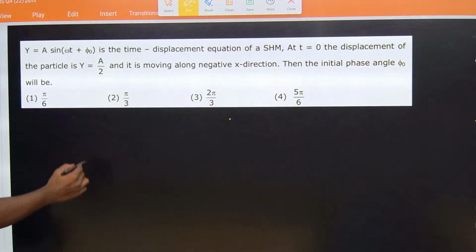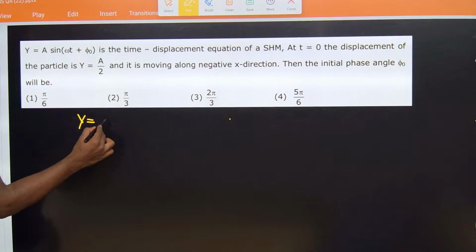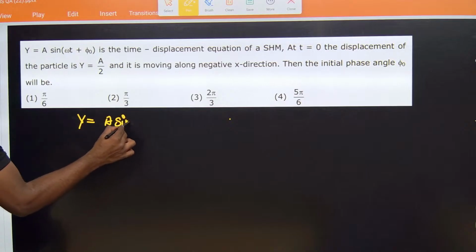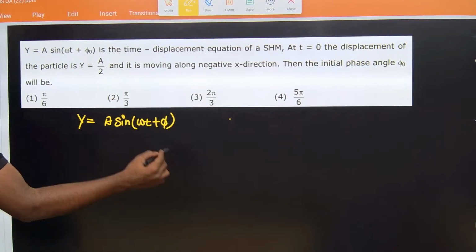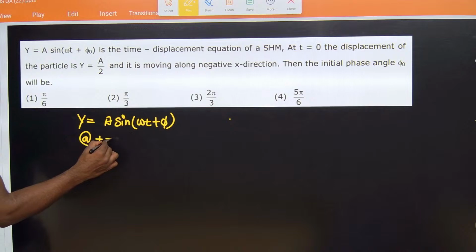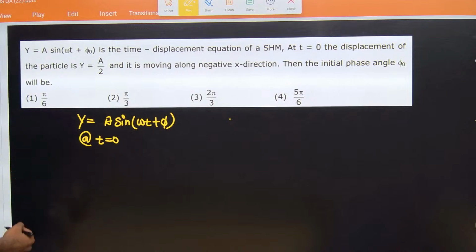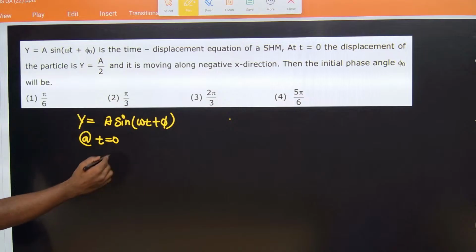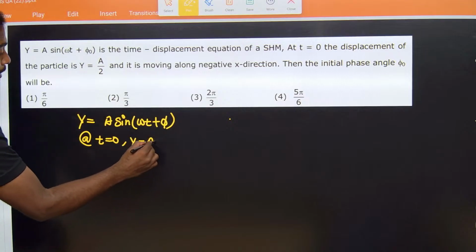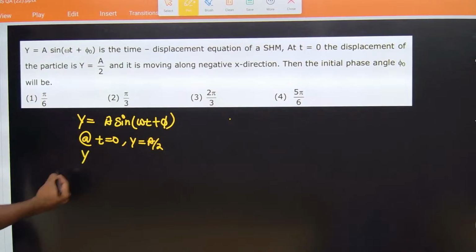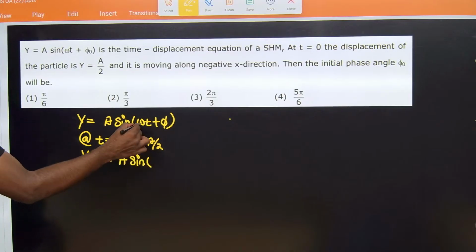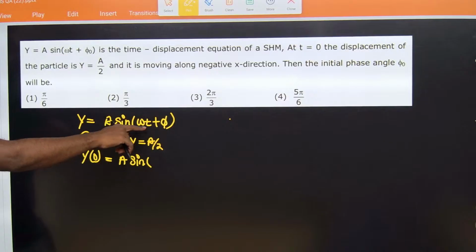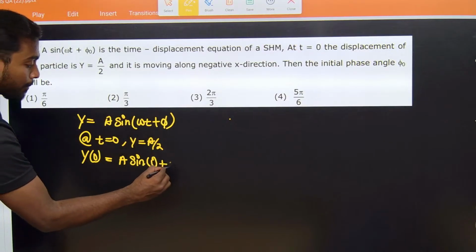The given equation is y equals a sine of omega t plus phi. At t equals 0, what will happen to y? The particle is displaced, y equals a by 2, they told. So y at t equals 0 should be a sine of omega times 0 plus phi.